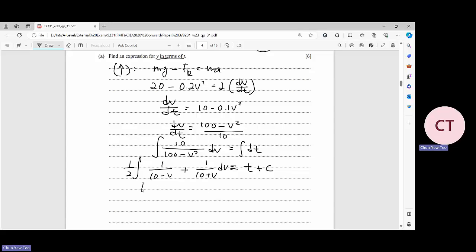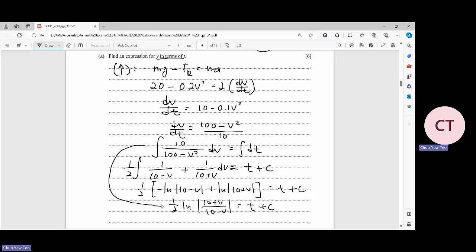Then I integrate this. I will get negative ln of the modulus of 10 minus v plus ln of 10 plus v equals t plus c. So join together, you have this. If you apply the formula booklet MM19 directly, you can get this answer straight away.